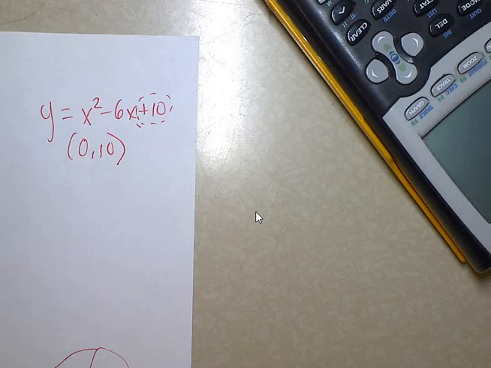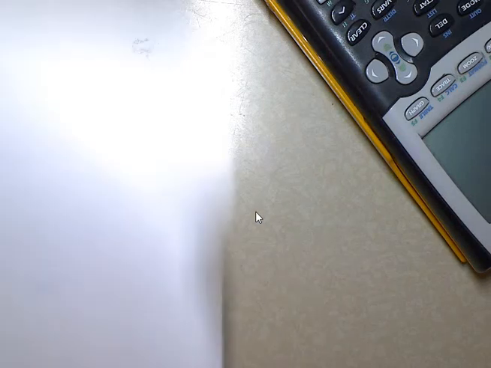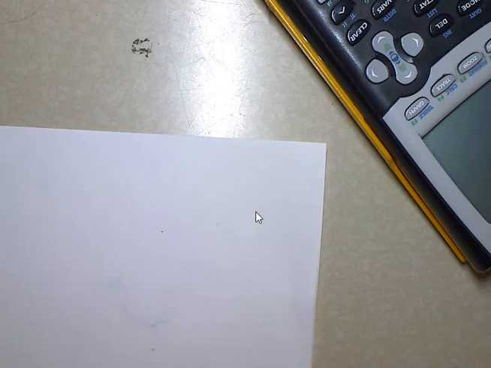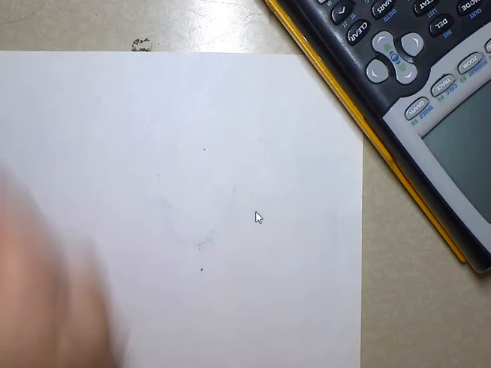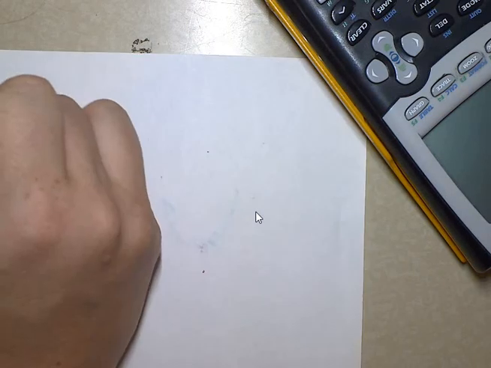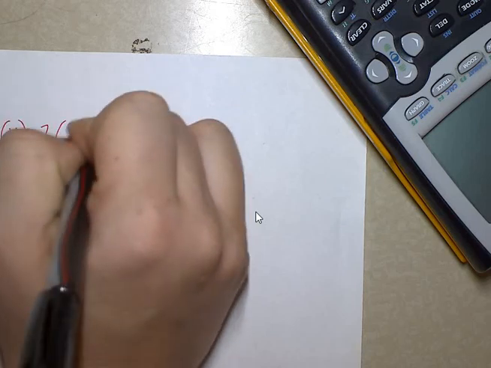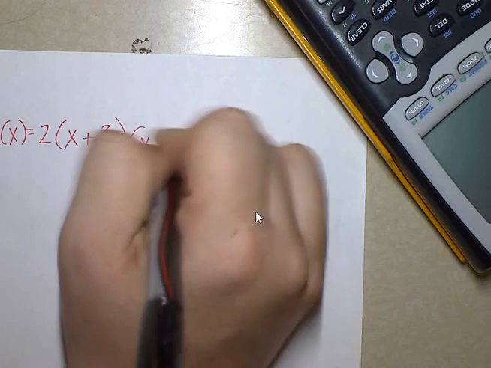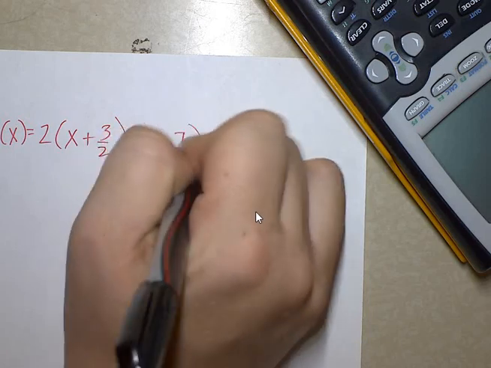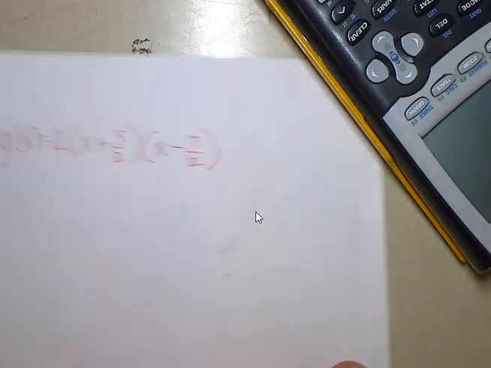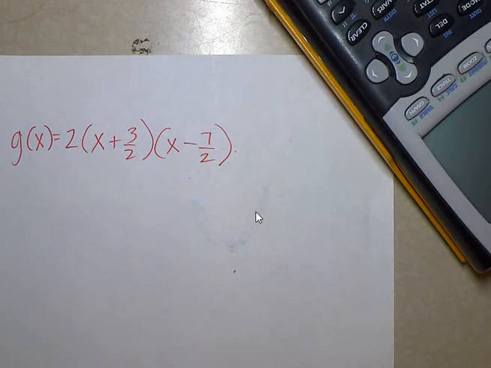All right. Identify the x-intercepts in factored form. Identify the x-intercepts when it's in factored form. 15 seconds. And begin.